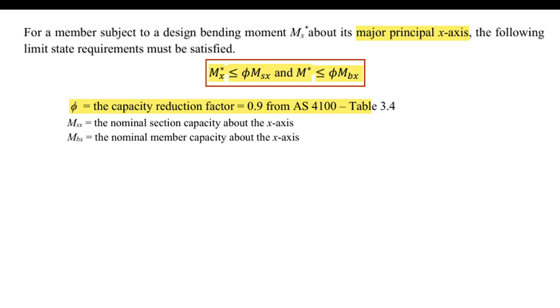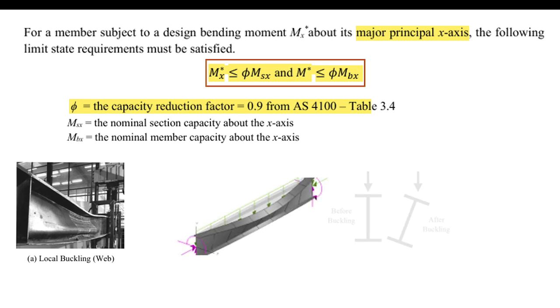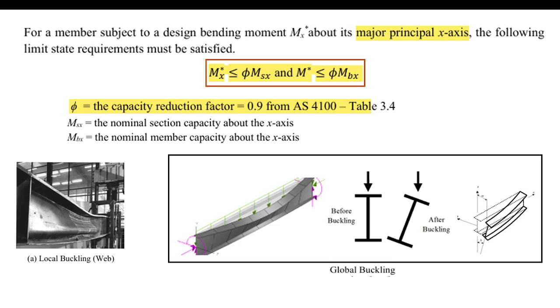Why do we want to find these two different capacities? When a beam is loaded, it might undergo local buckling. The local buckling can be either in the web or the flange, or it can undergo global buckling where torsion will take place. So when the beam is loaded, it might undergo torsion like this, or there is a rotation along with the translation movement.